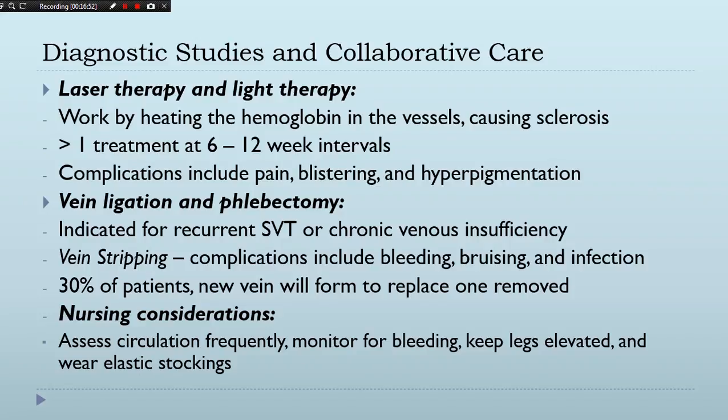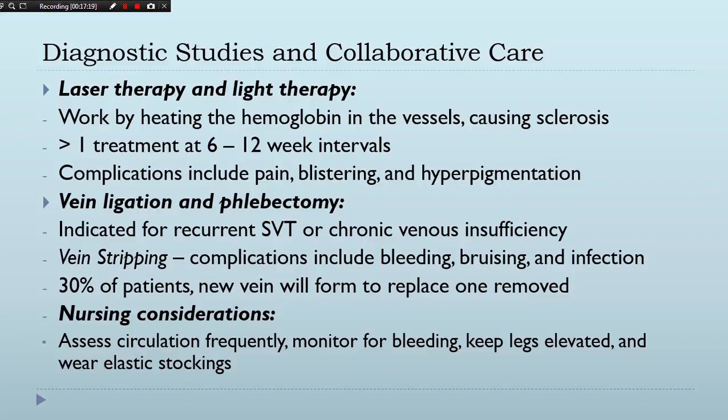In severe cases and in older forms of treatment for varicosities, patients are going to have vein ligation and phlebectomy. Sometimes this is more commonly known as vein stripping. It's indicated for patients who have varicosities where they have recurrent superficial venous thrombosis, or they have chronic venous insufficiency. Some of the complications from removing these veins is bleeding, bruising, and infection.